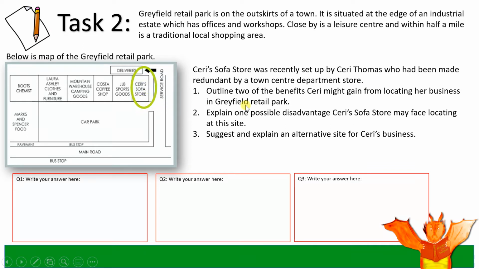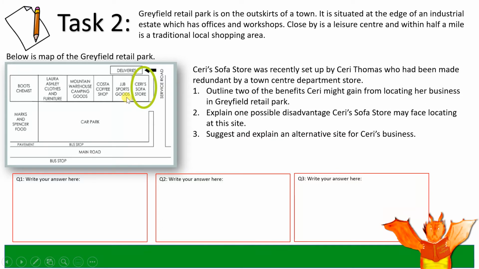Now this is a case study, so it's an exam level question, so we've got three parts to it. Part 1, identify 2 of the benefits Kerry might gain from locating her business in this Greyfield Retail Park, as you can see is highlighted on the left. Question 2, explain one possible disadvantage Kerry's sofa store may face locating at this site.